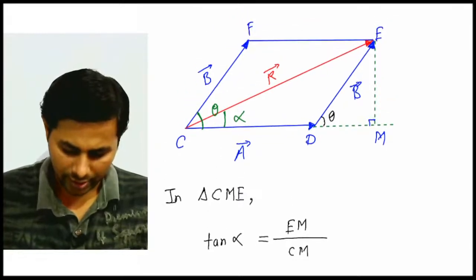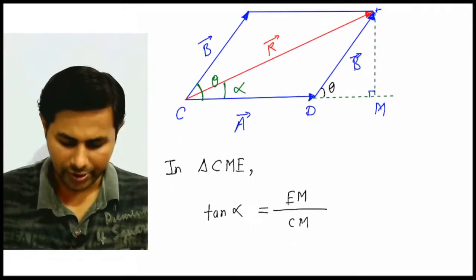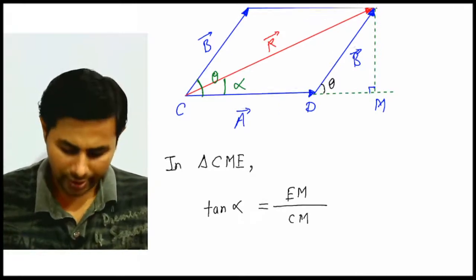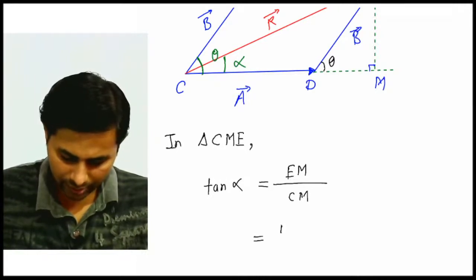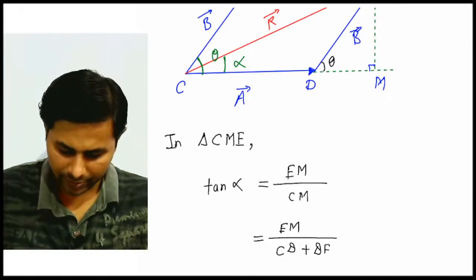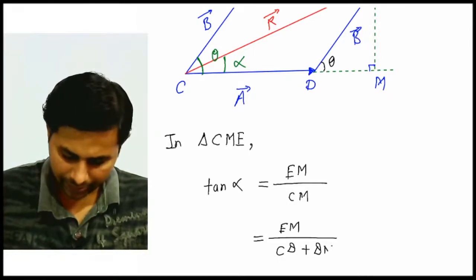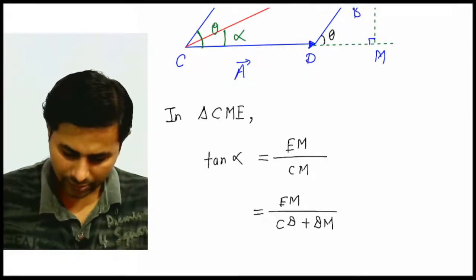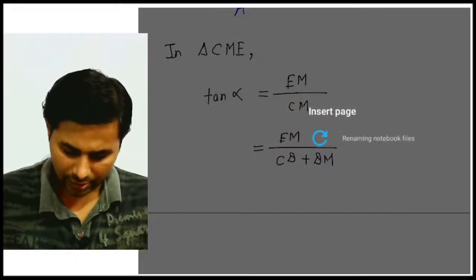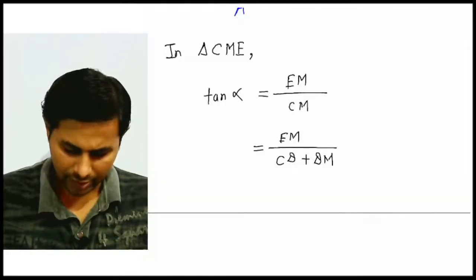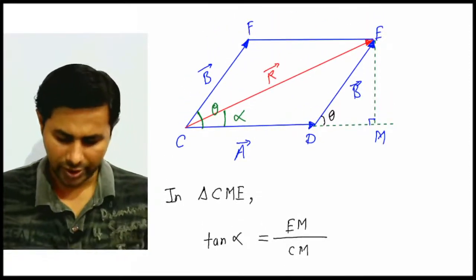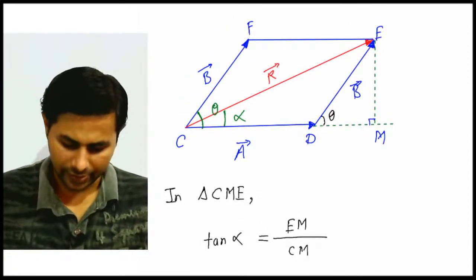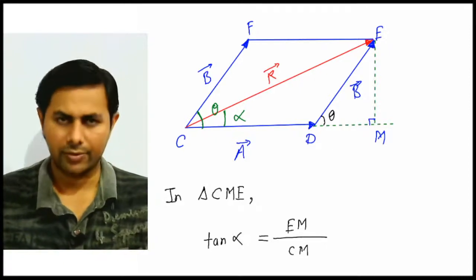Then I can write CM is equal to CD plus DM as before. So I get EM divided by CD plus DM. And we have already found EM, and DM, and CD we know.